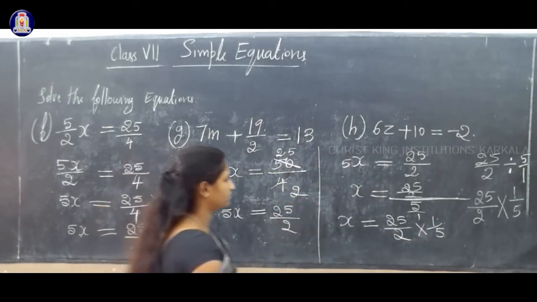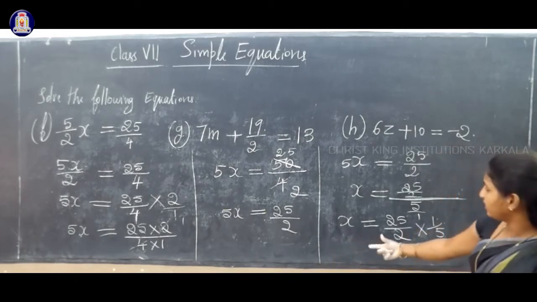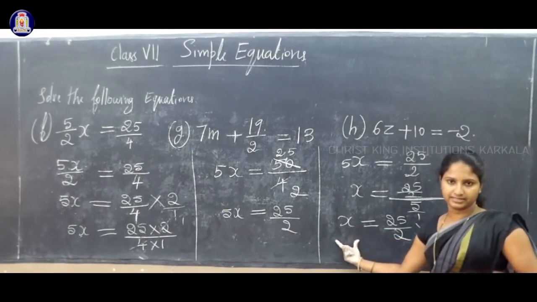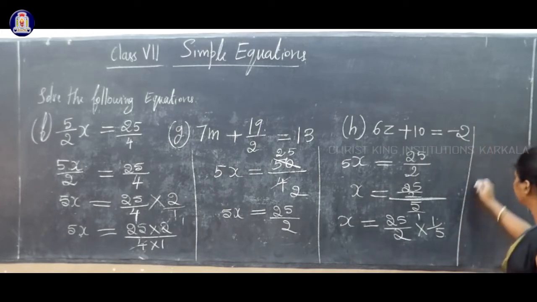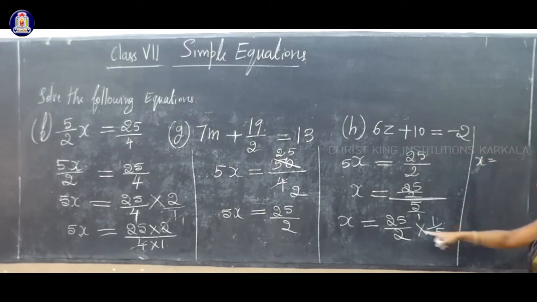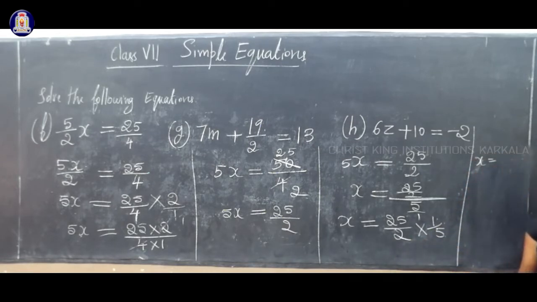Then you have to multiply this because you want to know the value of x. So finally the x will remain in the left hand side. Clear? That value we want to find. So now x is equal to multiply numerator into numerator, and similarly you have to multiply denominator into denominator.